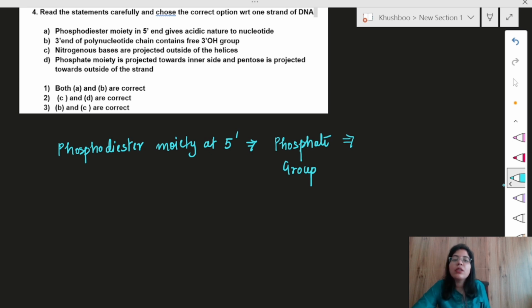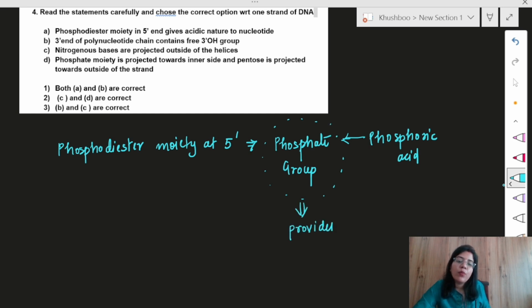The phosphate group comes from phosphoric acid, and this phosphate group itself provides acidic nature to DNA.